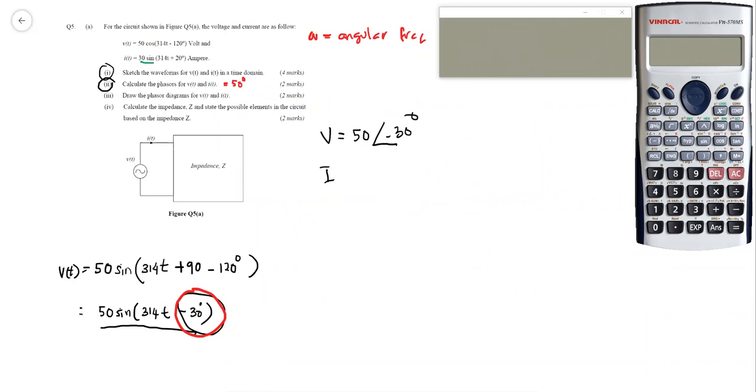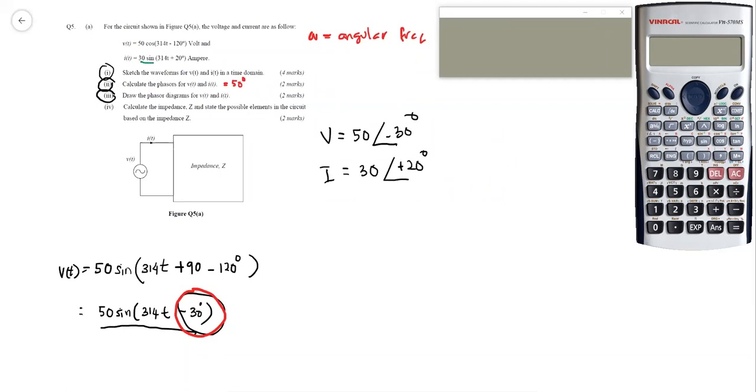And the current is 30, angle positive 20 degrees. So this is the voltage and current in the phasor domain. Right now, the third question: draw the phasor diagram for V and I.